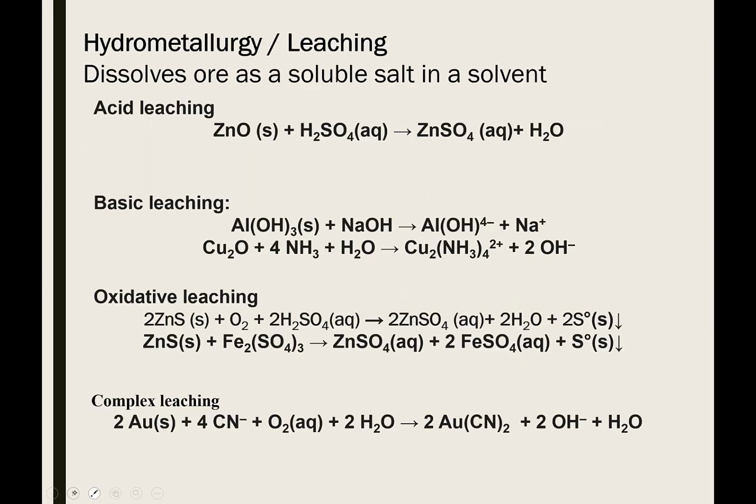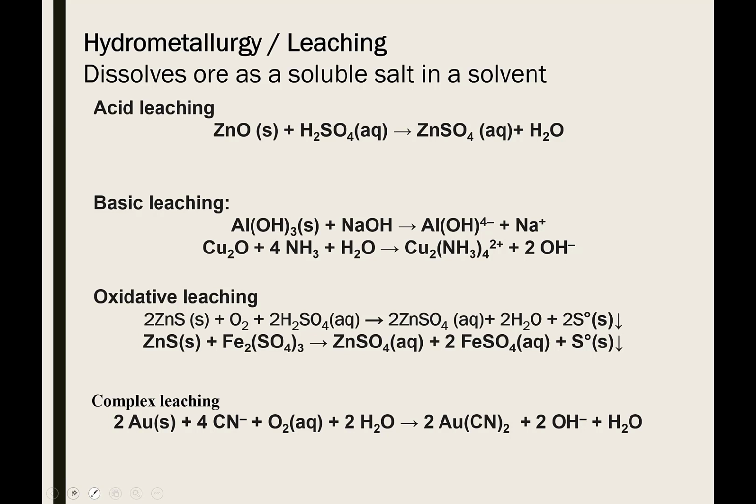Another possible technique to achieve that is hydrometallurgy, or leaching. In this case, you dissolve the ore as a soluble salt in a certain solvent, and that usually uses acids and bases. So acid leaching will include dissolving the ore into different acids, mainly sulfuric acid and hydrochloric acid, to produce the corresponding metal salt.